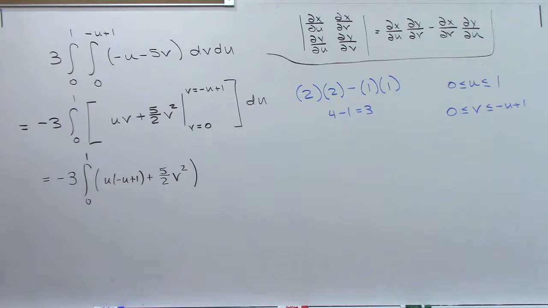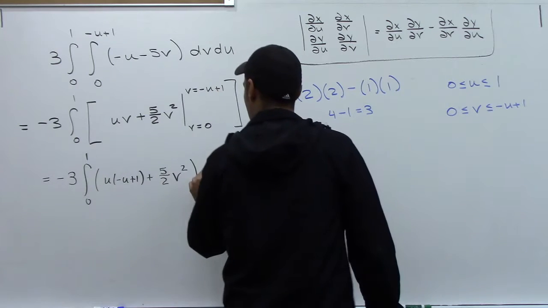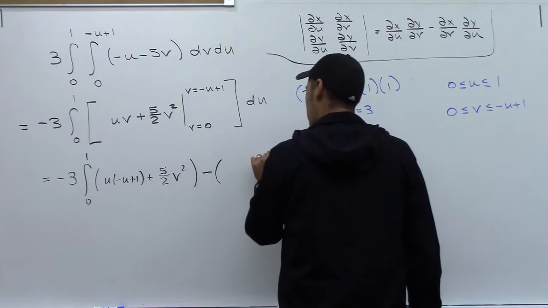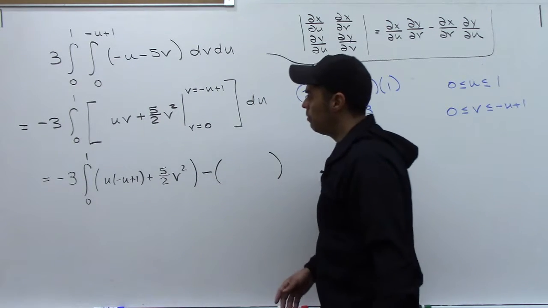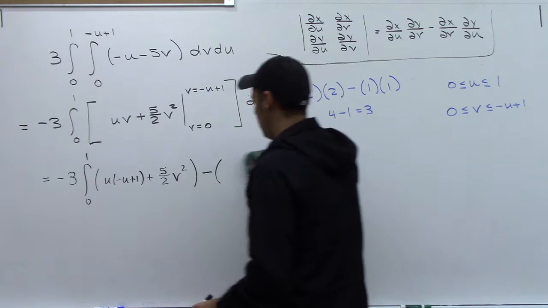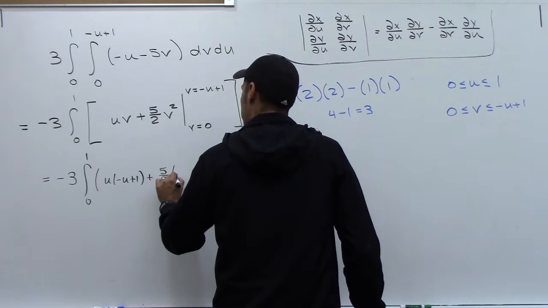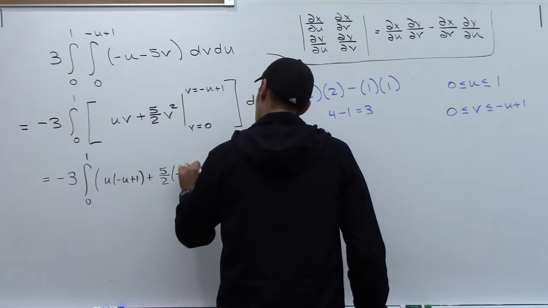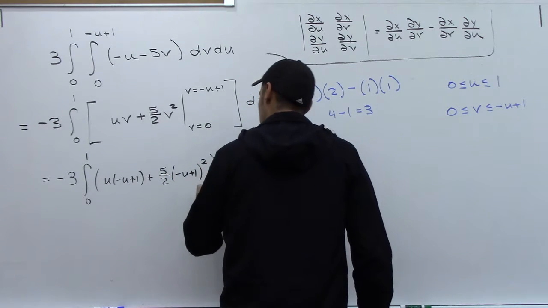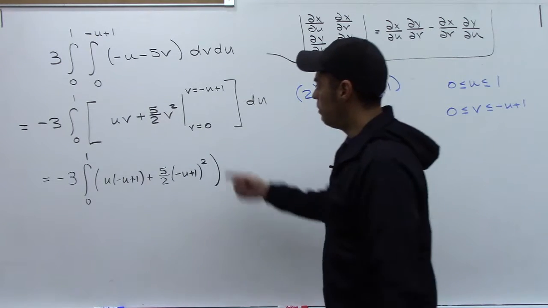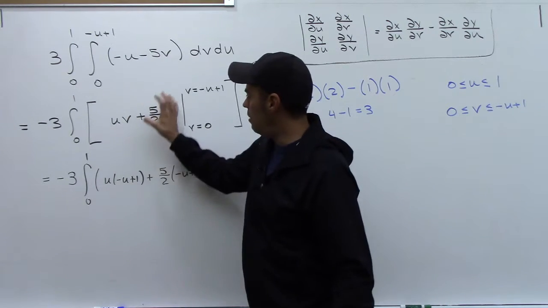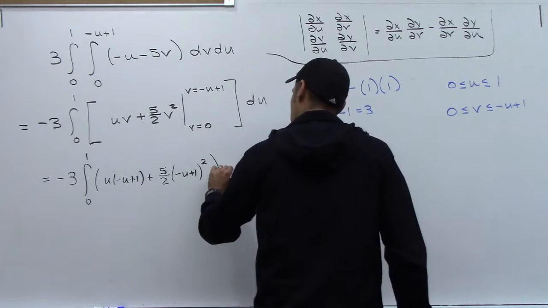And then minus, we replace, oh wait, hold on, v squared, that I'm replacing v, oops. This is negative u plus 1 squared, sorry. Now what we do is we plug in 0 for v, so that's gone, so I don't have anything there. du.